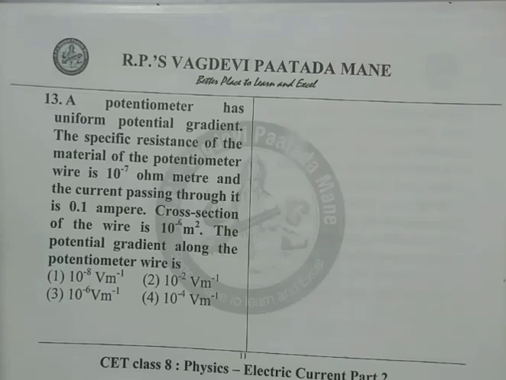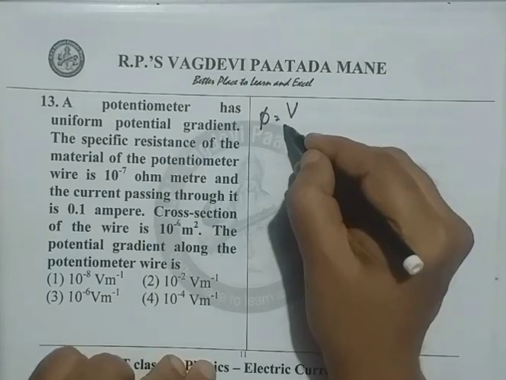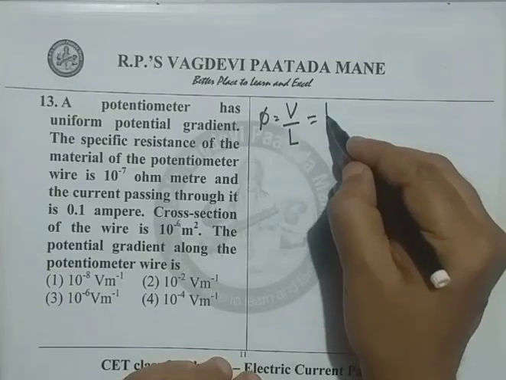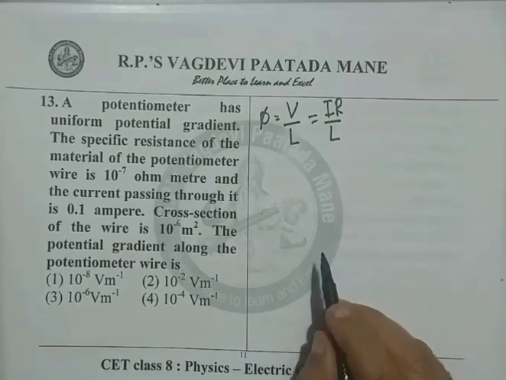13th question. A potentiometer has uniform potential gradient. The specific resistance of material of potentiometer wire is 10⁻⁷ ohm meter, and the current passing through it is 0.1 ampere. Cross section of the wire is 10⁻⁶ meter square. The potential gradient along the potentiometer wire? Potential gradient, phi, is equal to potential difference across the wire divided by its length, V by L. But we know V according to Ohm's law is I into R, by L, where R is resistance of the potentiometer wire.